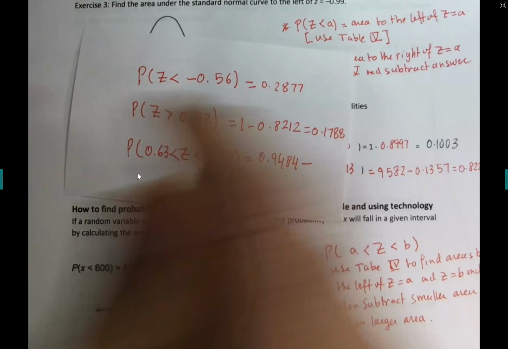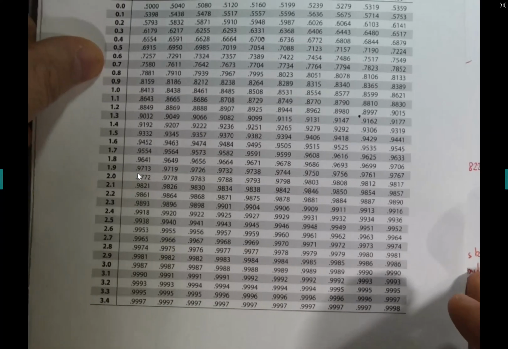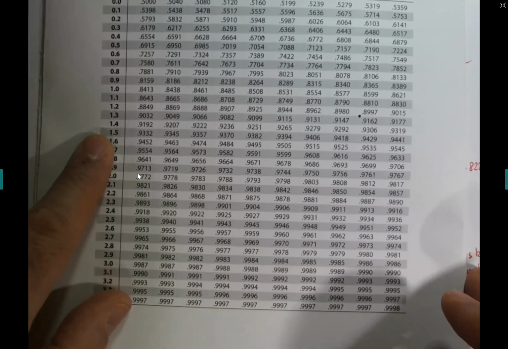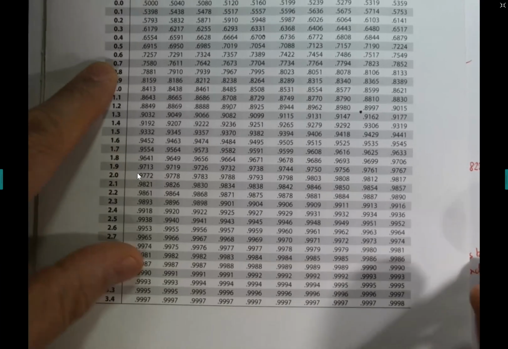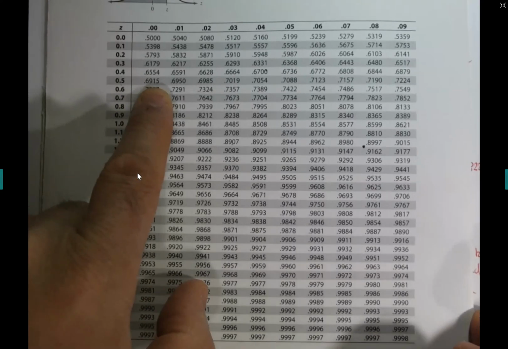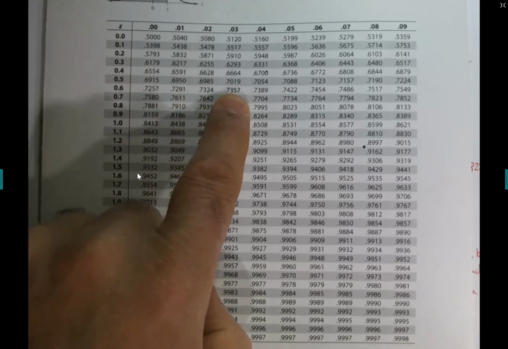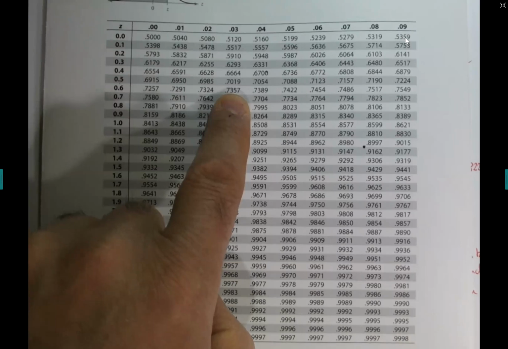Don't forget, we have to do the next one. 0.63 right here. So I got 0.7357.